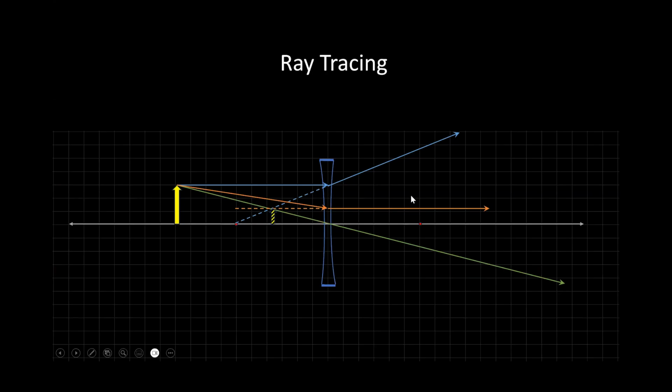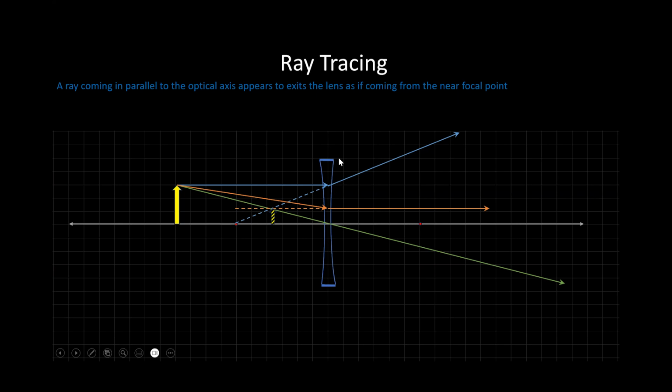So let's move on here to the rays. It's very important. The first ray, still from the tip of our arrow, goes parallel to the optical axis, but when it emerges, again, this is a diverging lens, so all the rays are going to diverge, right?